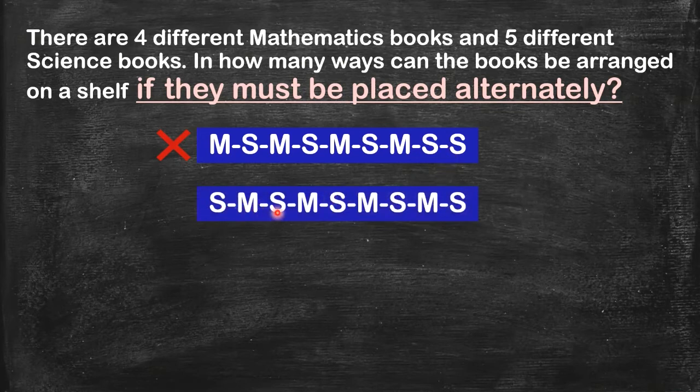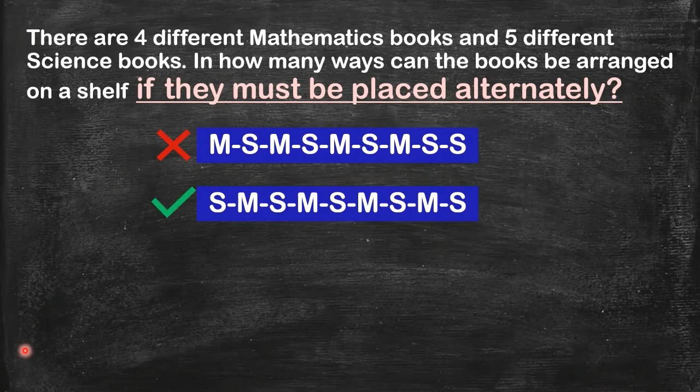Science, math, science, math, science, math, science, math, science. If you count, we have 4 math books and 5 science books, right? Count nyo, 1, 2, 3, 4, 5 science books. And then 1, 2, 3, 4 mathematics books. So, possible ang arrangement na ito.